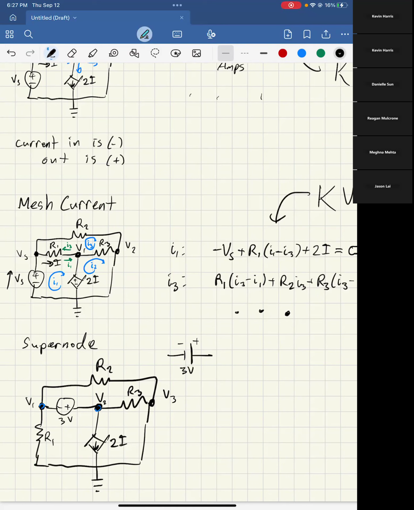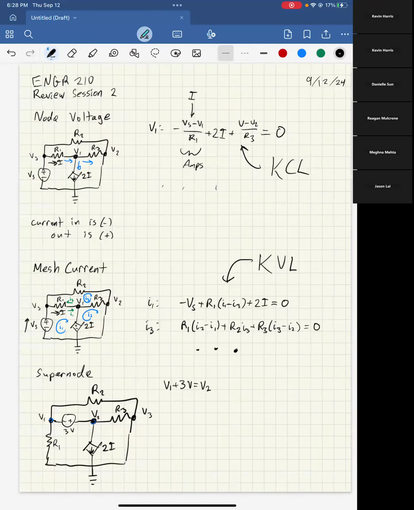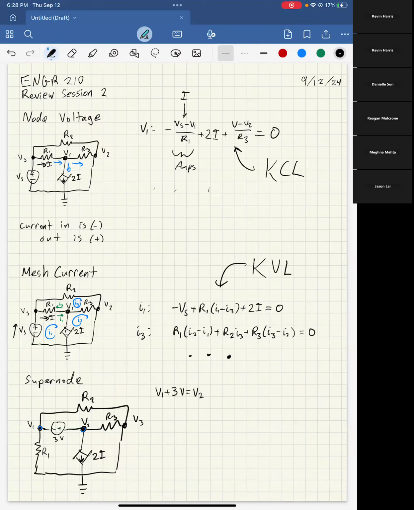So this makes more sense in this scenario. It's telling you that V1 is 3 volts lower than V2. So that's really the core of the supernode. So to start the supernode, you have your supernode equation, which in this case can be V1 plus 3 volts equals V2. And that makes everything a whole lot easier.